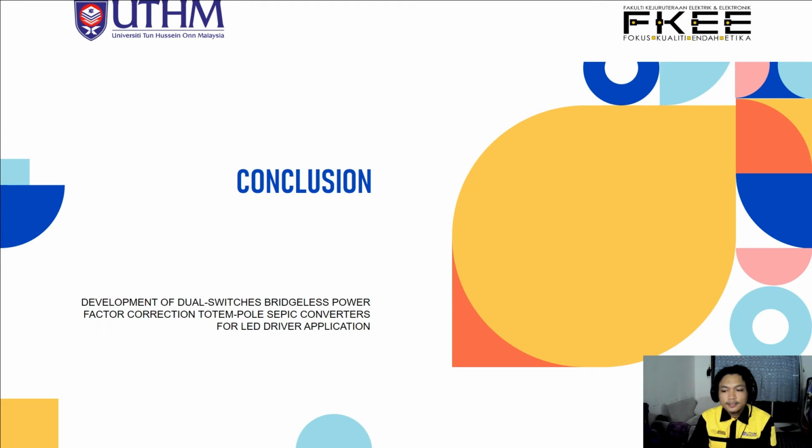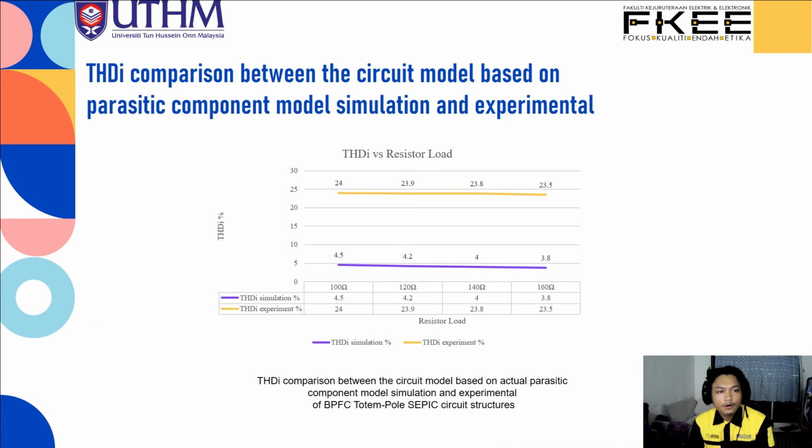So finally is the conclusion. This is the THDI comparison between the circuit model based on the parasitic component model simulation and the experimental. As you can see, for the THDI simulation, we got 4.5% for 100 ohm, 4.2% for 120 ohm, 4% for 140 ohm, and finally 3.8% for 160 ohm.